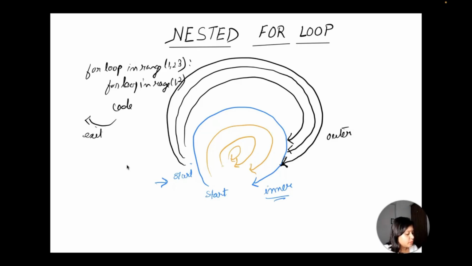Before exit, it executes the for loop, then it goes to the inner for loop, and this loop continues till it meets the last item, that is this particular 2, and then it goes back to the outer loop and here it actually executes. So that's how exactly the looping condition is met. So let's see that in action.